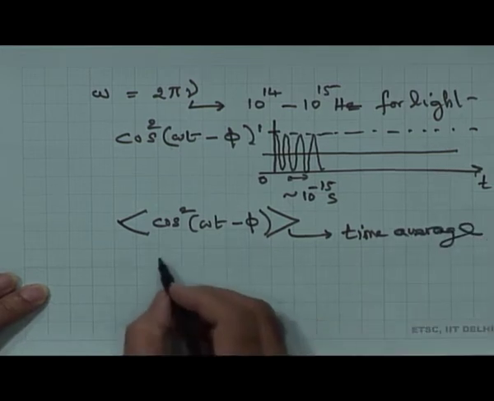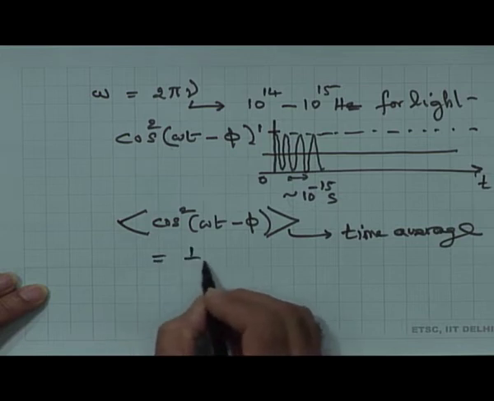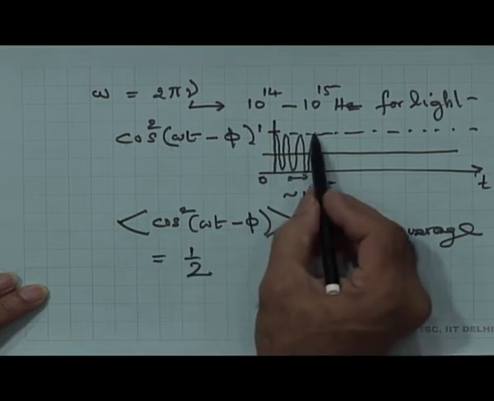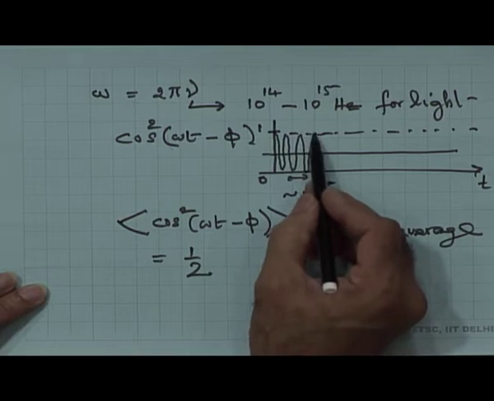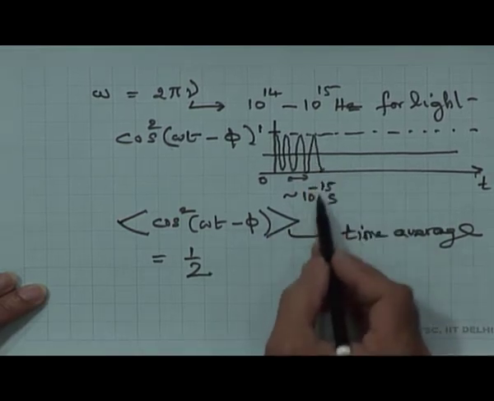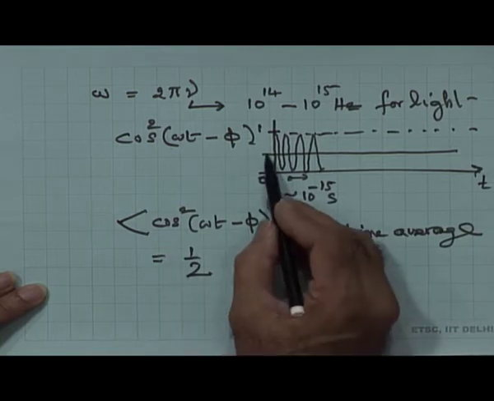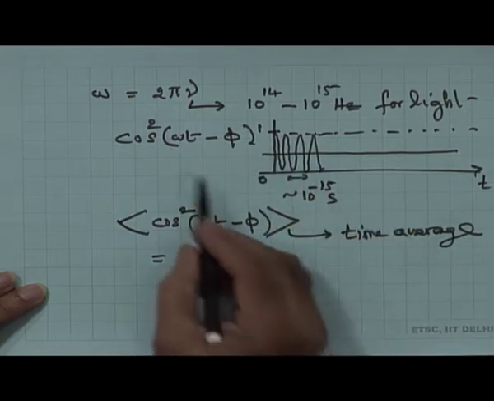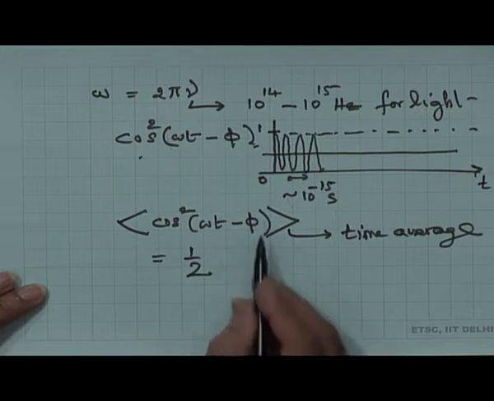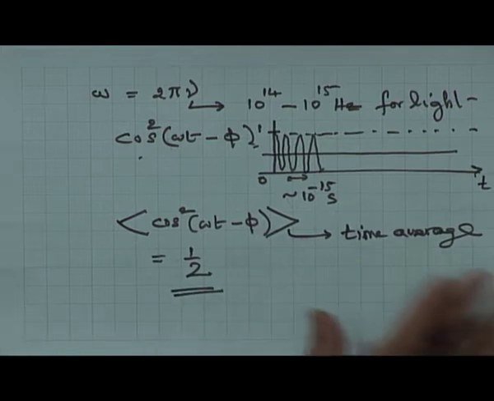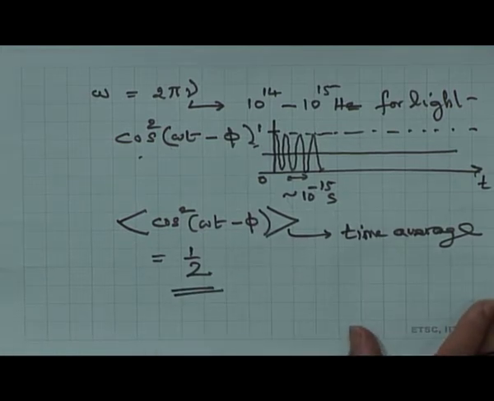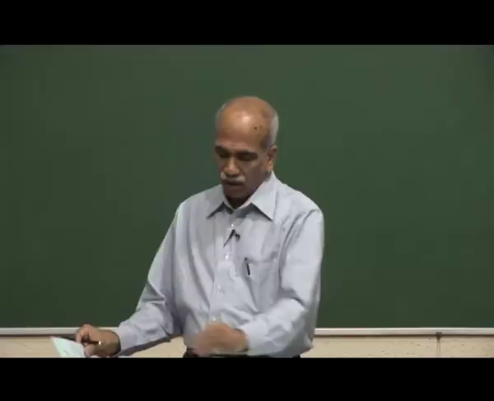The time average is equal to half, because the maximum is 1 and the minimum is 0, it is varying rapidly between 1 and 0, and therefore on an average the value of cos square omega t time average is half. Using this, we come back to the superposition of waves.